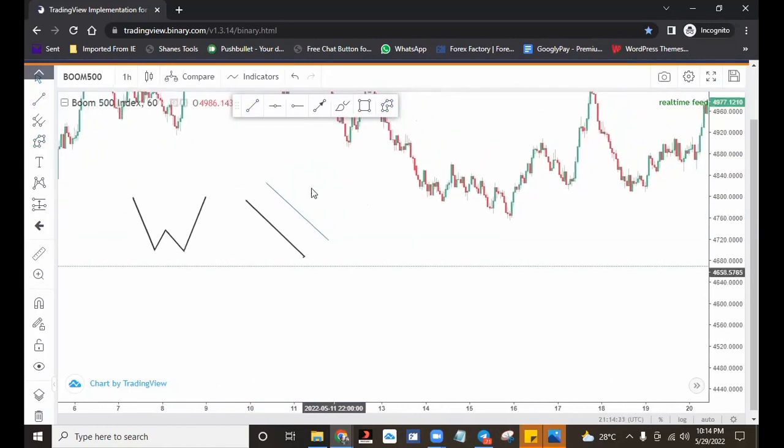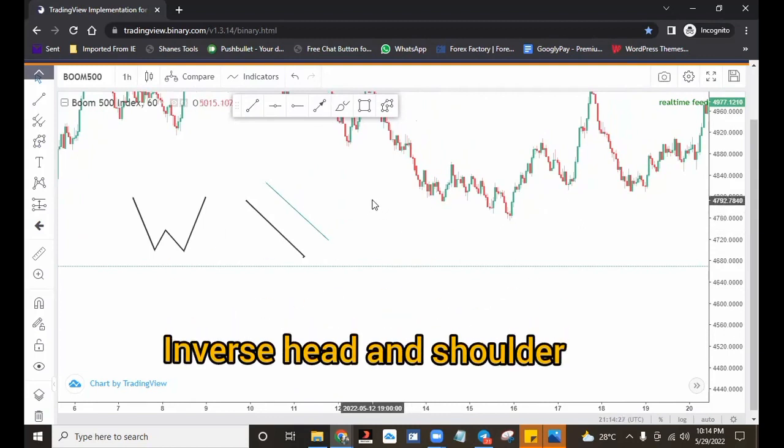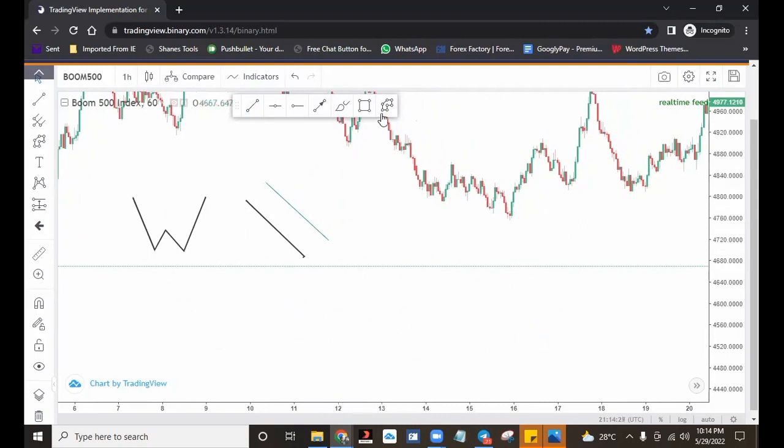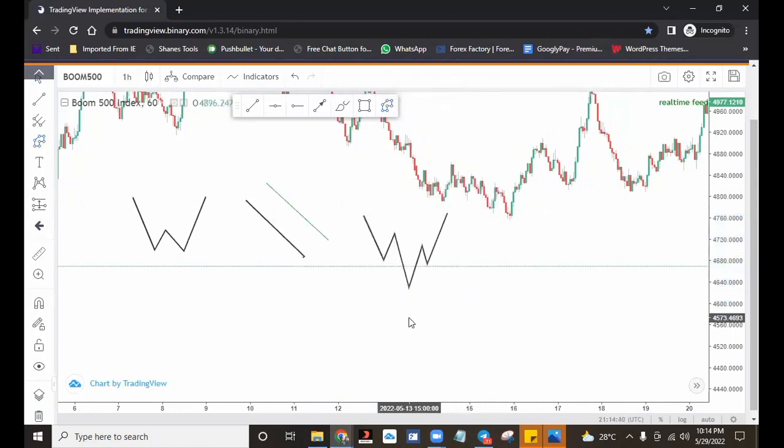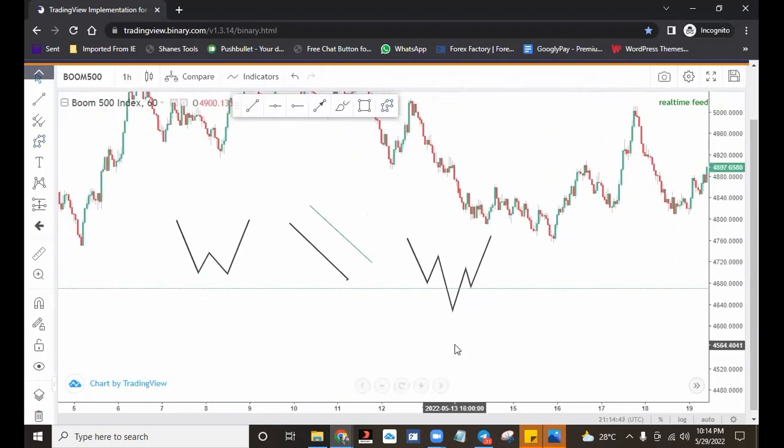Under the bullish patterns, we also have what we call an inverse head and shoulders. And this is how it looks. These are the most important three bullish chart patterns you want to learn, and you also learn how to use them in the markets.